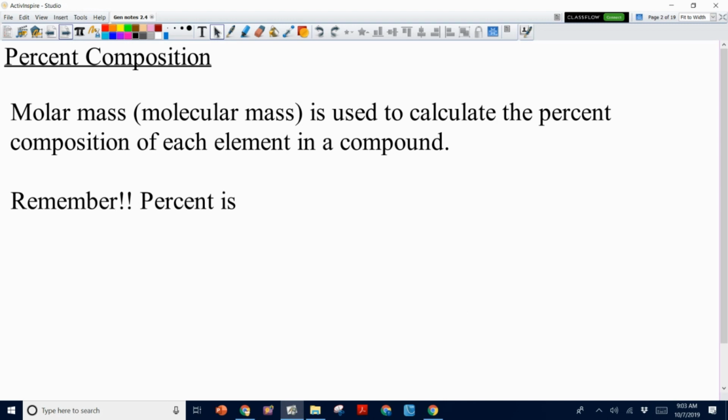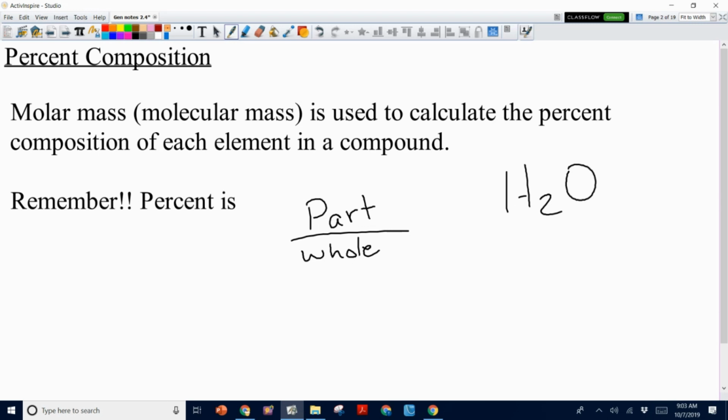So go ahead and write this down. Molar mass or molecular mass is used to calculate the percent composition of each element in a compound. What I want you to remember is that a percent is a part of a whole. If we were going to look at the percent composition of, say, water, there's two elements here.